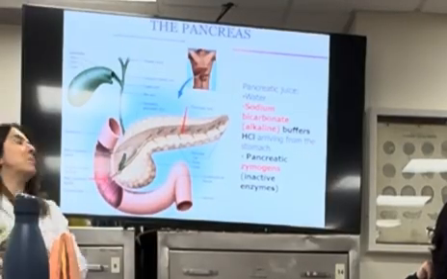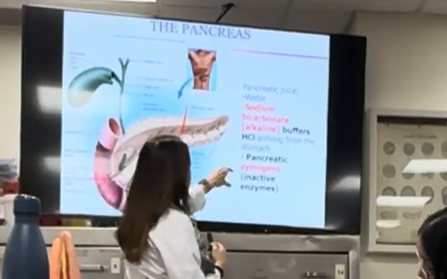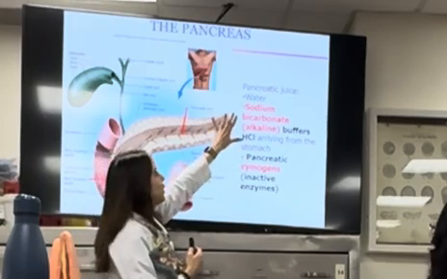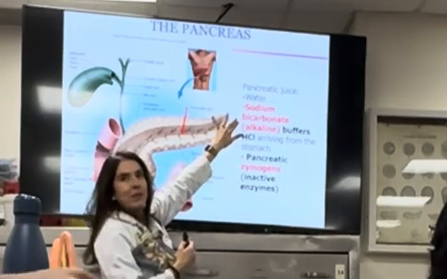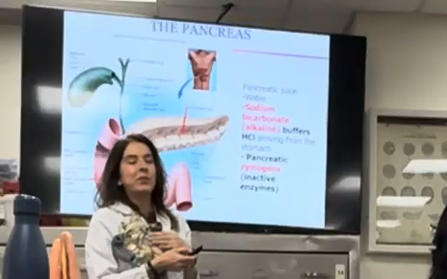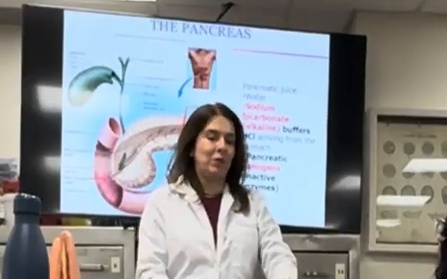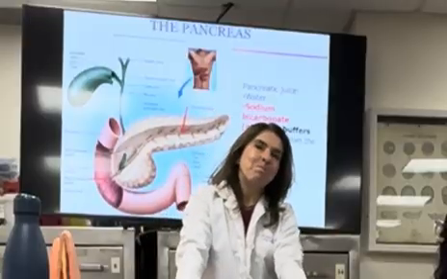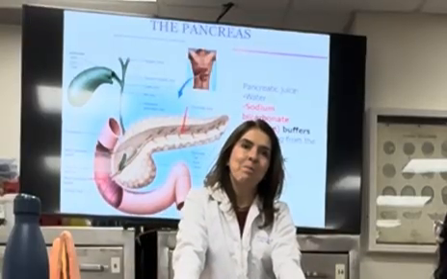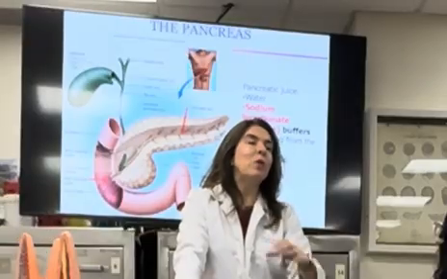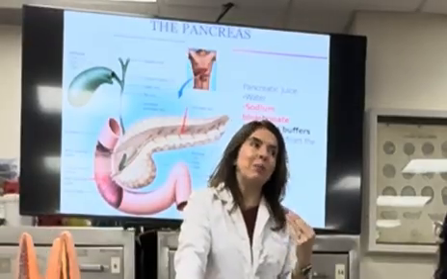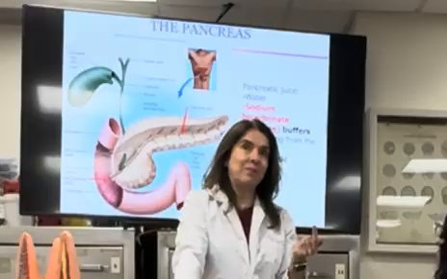The pancreatic juice, besides those enzymes that are zymogens, also secretes bicarbonate. What is the reason why pancreatic juice would be rich in bicarbonate? What do you think? To neutralize acid. It's mostly to maintain those zymogens inactive, right?